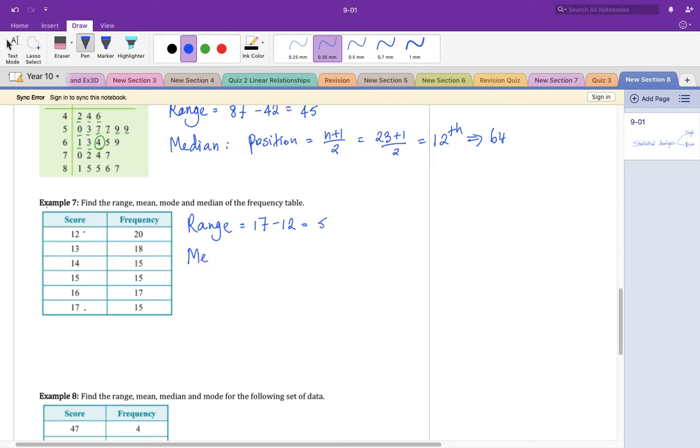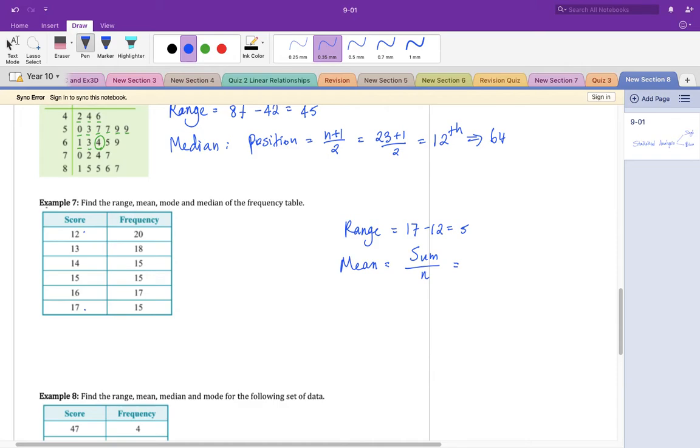And the mean, how do I find the mean here? I'll just shift the whole thing a bit to the right. To find the mean, you need to first know the sum of everything over how many values there are, right? First of all, are there only 5 scores?